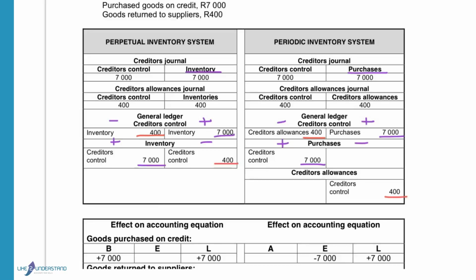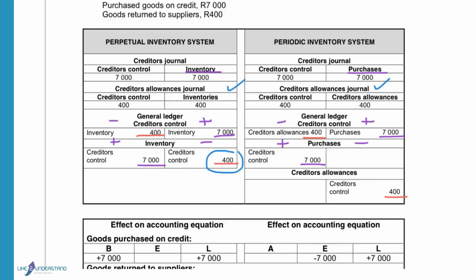So in both methods, we have a creditors allowances journal. So whether you use the perpetual or the periodic system, when goods are returned or you receive a credit note from a creditor, it will be recorded in the creditors allowances journal. But in the perpetual system, you don't use a creditors allowances account because when I return goods, I record it on the credit side of inventory.